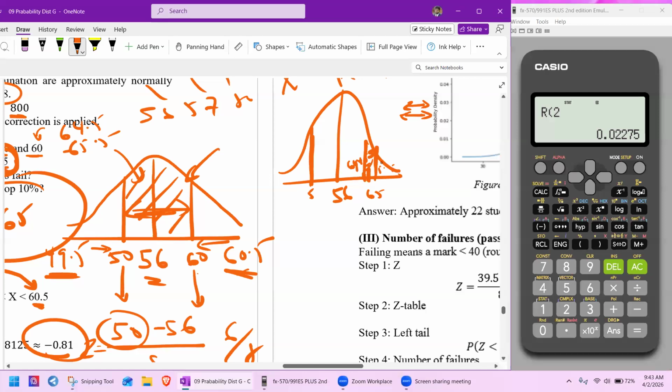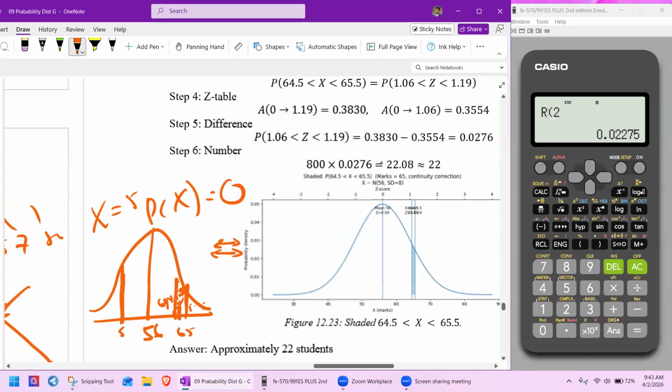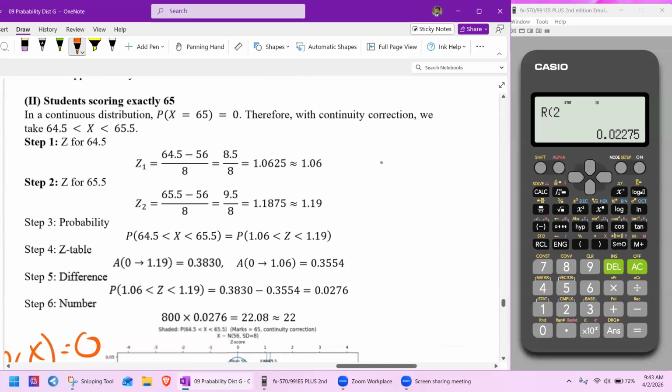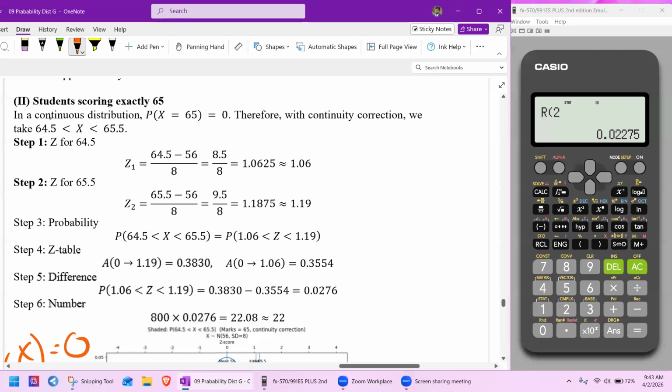So for students scoring exactly 65, in a continuous distribution P(x = 65) is 0. Therefore, with continuity correction, we take 64.5 and 65.5.